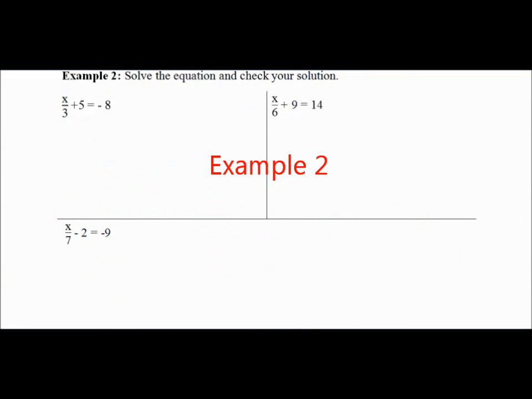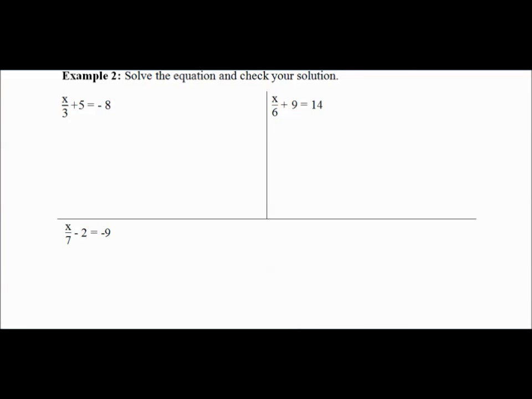Example 2. Solve the equation and check your solution. If you look at the problems in example 2, you've probably noticed they are really just a combination of the types of problems that you learned how to solve in lesson 2.1 and 2.2. For example, if I look at this first problem, I have x over 3 plus 5 equals a negative 8.